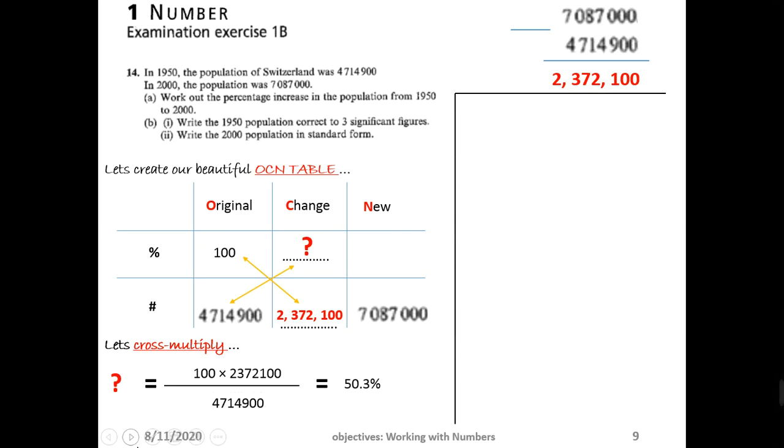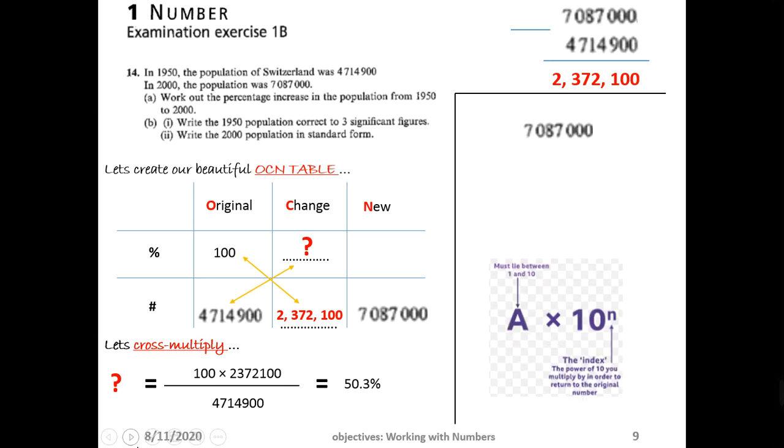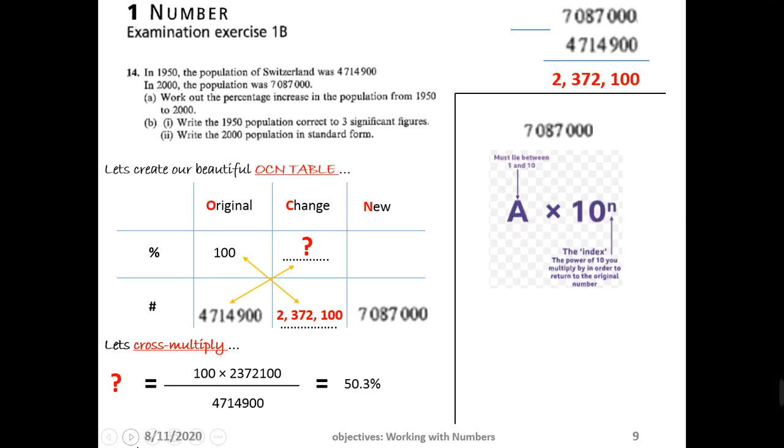Now, the second part of the question, they asked us to write the population of 2000 in standard form. And the population of 2000 was 7,087,000. Now, the standard form is written in this way: A times 10 to the power of n.